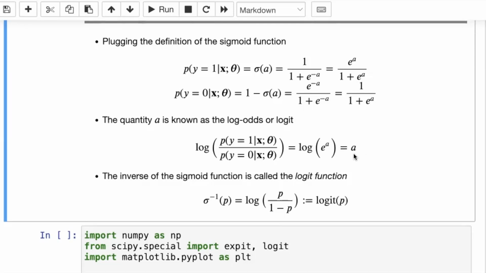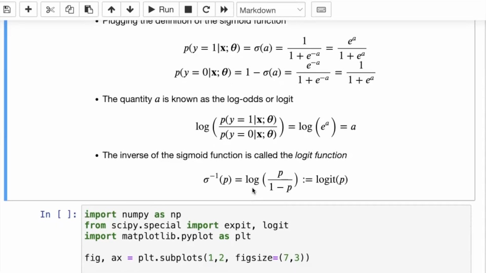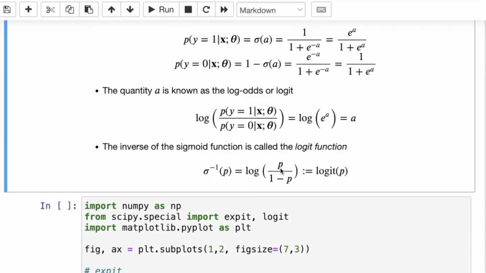So what does this mean? This means that if you want to find the inverse of the sigmoid function, which is called the logit function, you need to find log of p over 1 minus p, right? Because p is the probability that y equals 1, and the probability that y equals 0 is 1 minus p. And this is what is known as the logit function, which is the inverse of the sigmoid function.